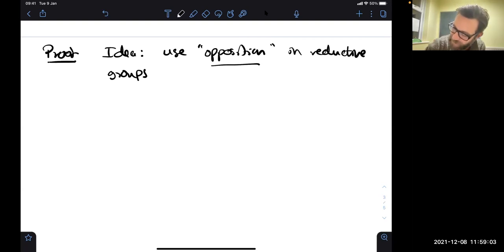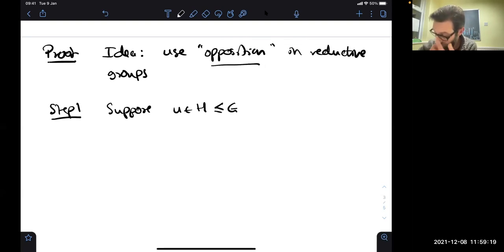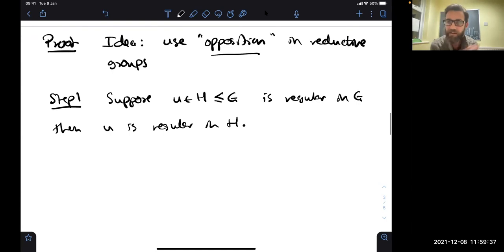So the first step is to show that the notion of regular unipotent elements passes down nicely to subgroups. Suppose u in H, a reductive subgroup of G, is regular in G. Then I claim it's regular in H. To see this, I'm going to use the characterization of regularity that I showed you by Steinberg.